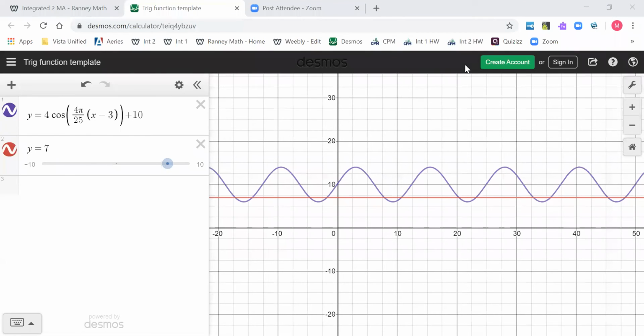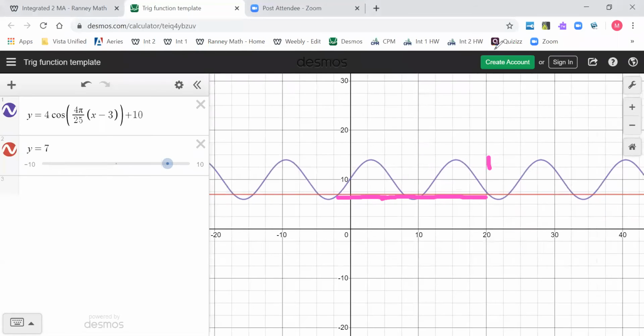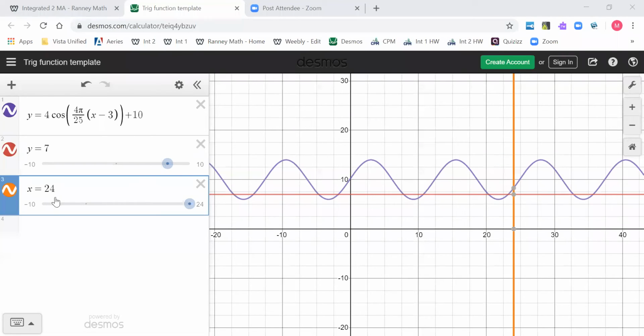So let me just get a pen here. As I'm coming across, 1 time right there, 2 times it's going to ring, 3 times, 4 times. What I just added in here was x equal 24 because we want how many times in a day.